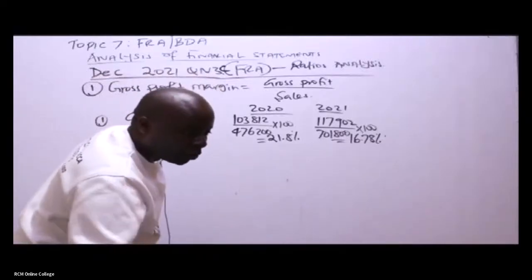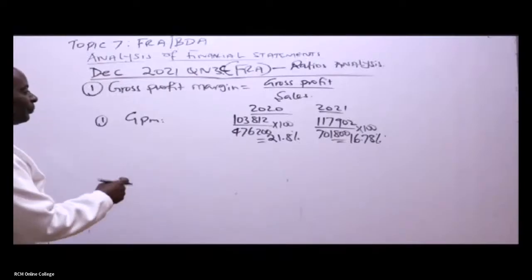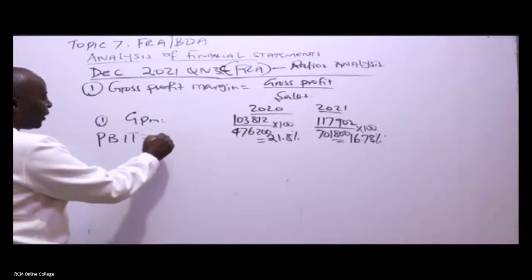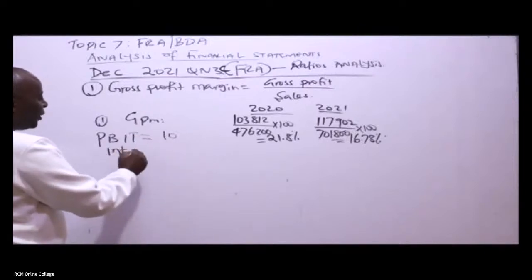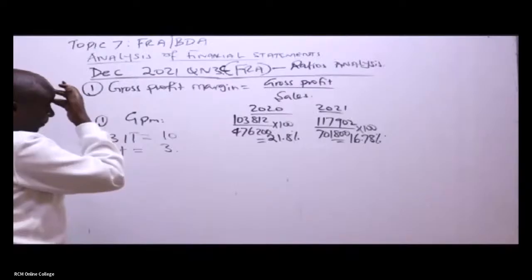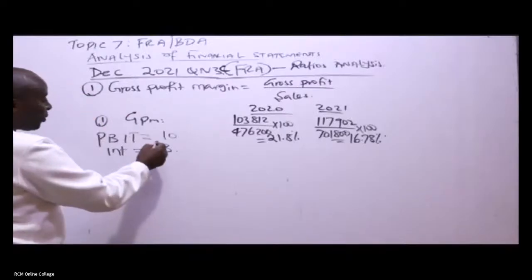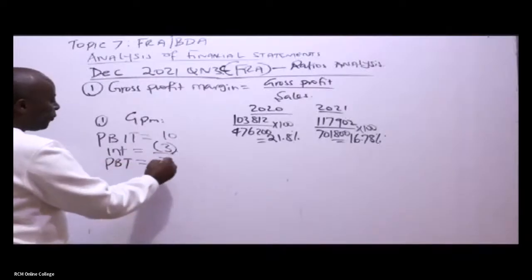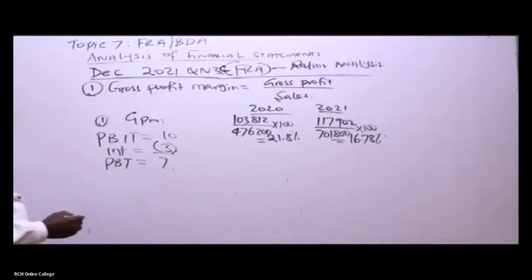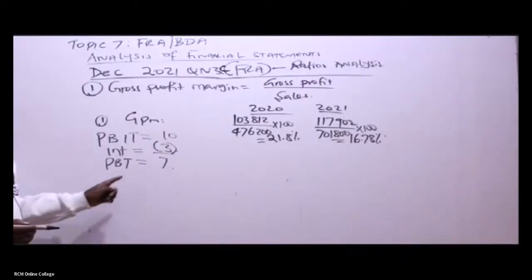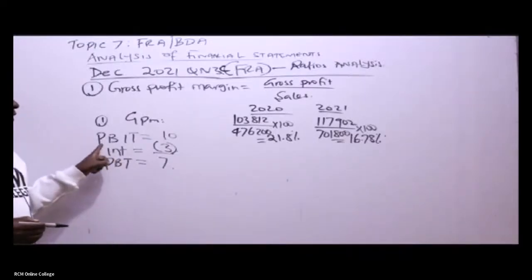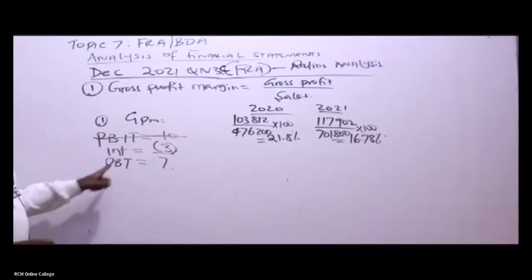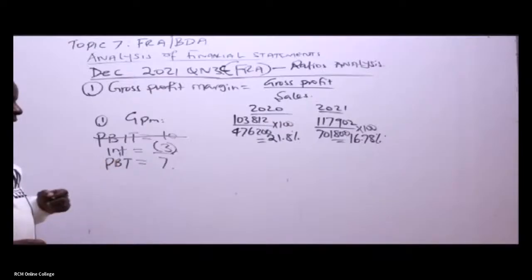So first of all, we start with this. Assuming you are given profit before interest and tax of say 10, then you are given interest of 3. You subtract this, and you get what we call profit before tax of 7. Now the examiner, instead of giving you this, has given you the interest and PBT.